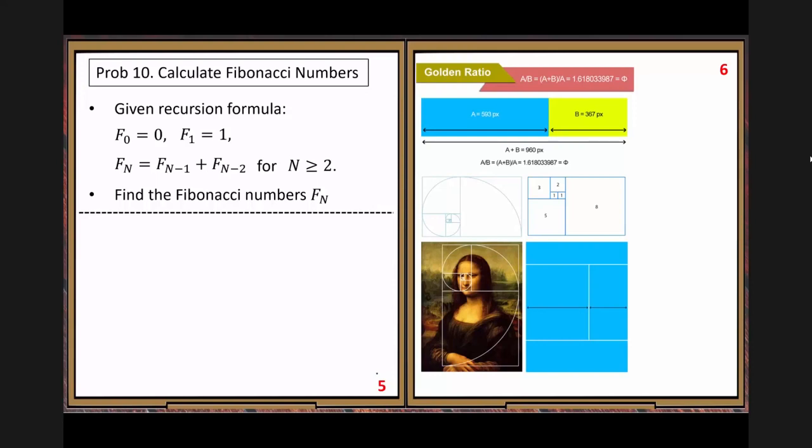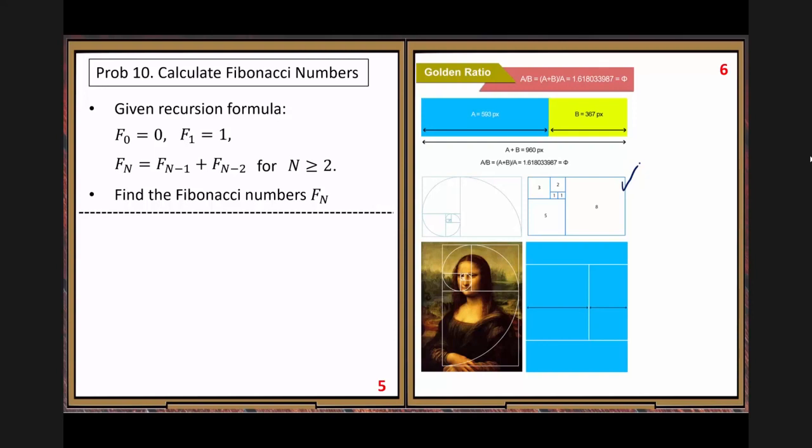All right. Here you can see this square, rectangular thing, which uses the Fibonacci numbers in an interesting way.